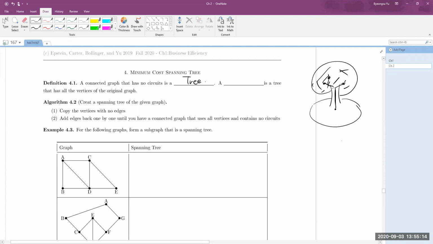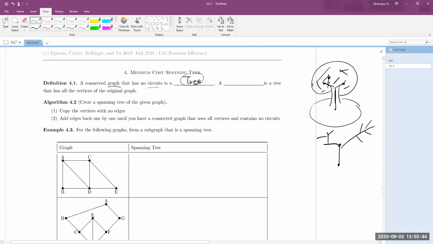Usually, if you see a tree, no branches form a circuit. For example, a tree in the winter which has no leaves looks like this, so it doesn't have any circuit inside its graph. That's why we call a graph that has no circuit a tree.